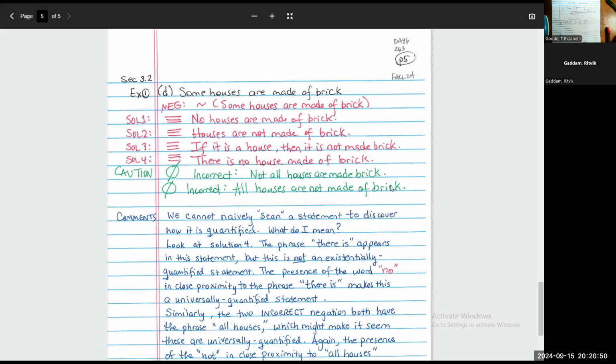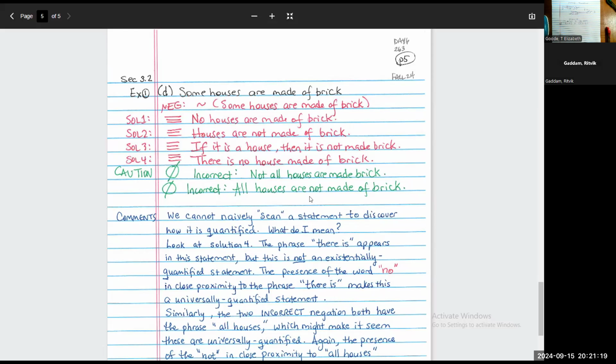This is actually existential, even though the word all is there. Because when we say all houses are not made of brick, we're saying, well, not all, some of those houses are made of something other than brick. In other words, there is a house that's made of something other than brick. That's not the correct negation because that's not universal.